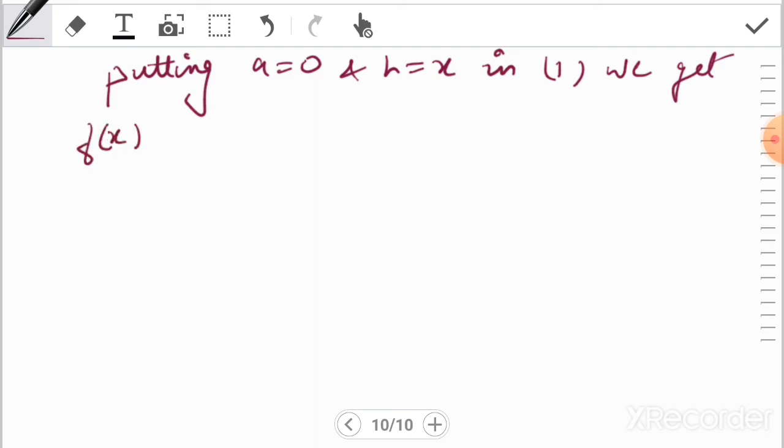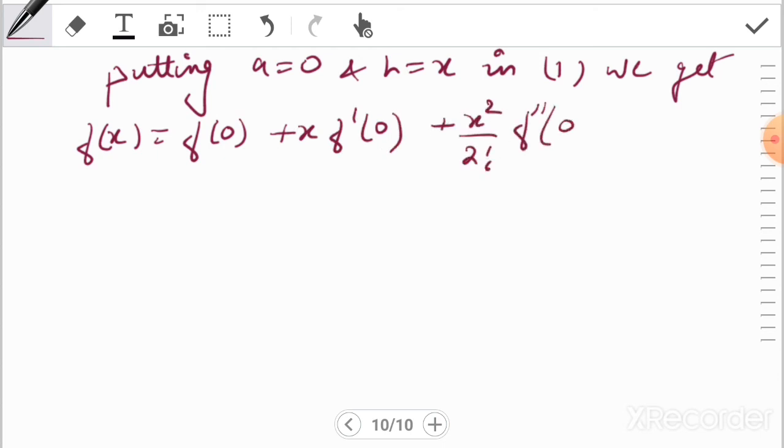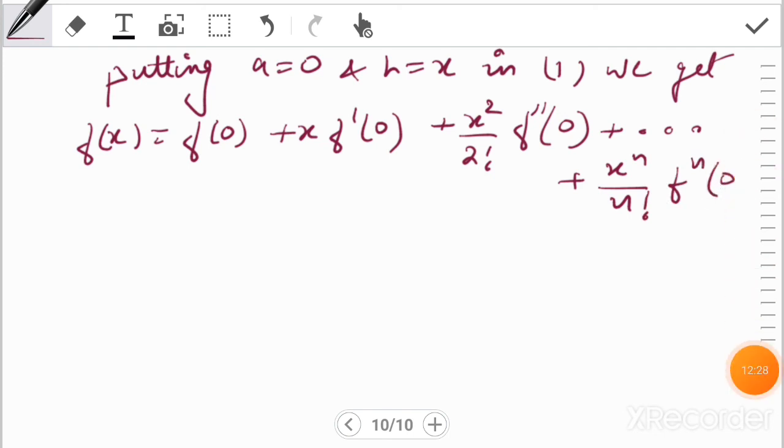So f(x) is equal to f of 0 plus x f dash 0 plus x square by 2 factorial f double dash 0 plus and so on, up to x raised to the power n by n factorial, okay, which is known as Maclaurin theorem, right?